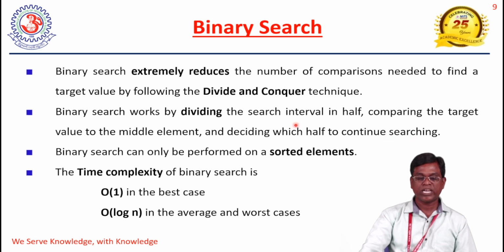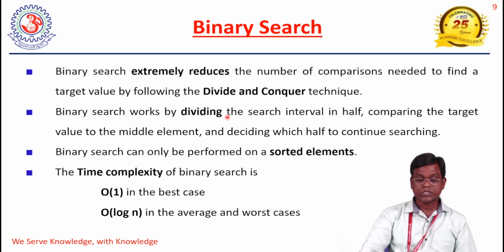Initially it is going to find the pointer or the position called the mid element position. That mid element position will decide whether the required search element is available in the lower half of the elements or the higher half of the elements. This process drastically reduces the number of comparisons that are needed.